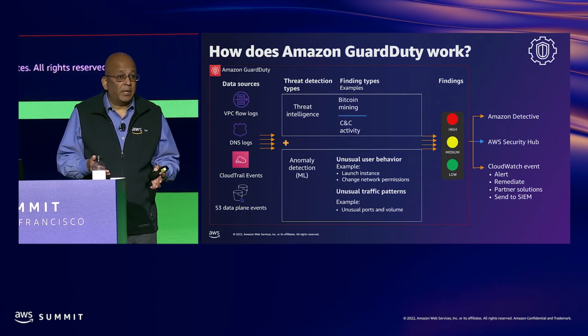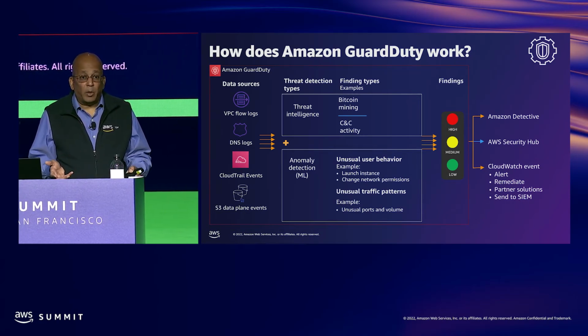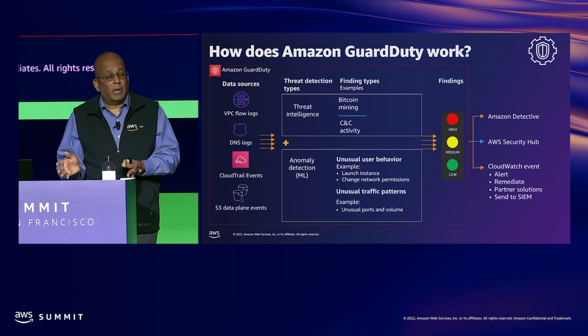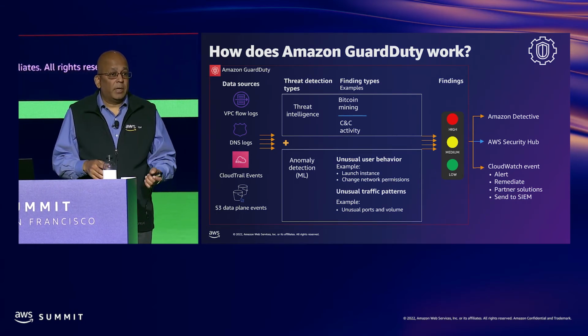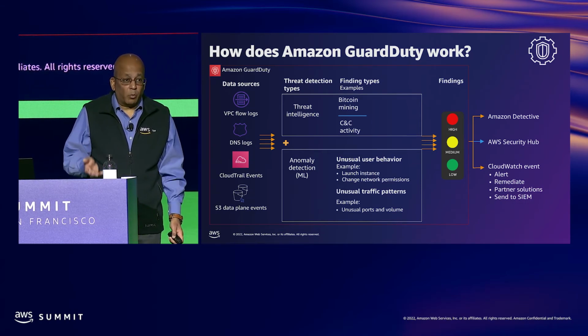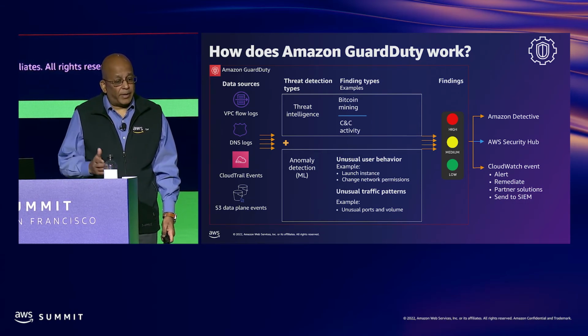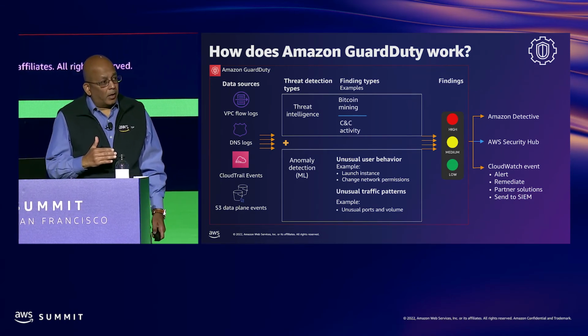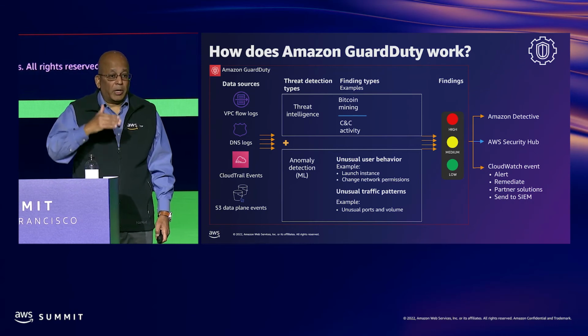And in certain cases, it could be just a low finding where the threat was prevented even before the resource was compromised. So it's like an FYI where you can take a look and see what caused that specific finding to appear.